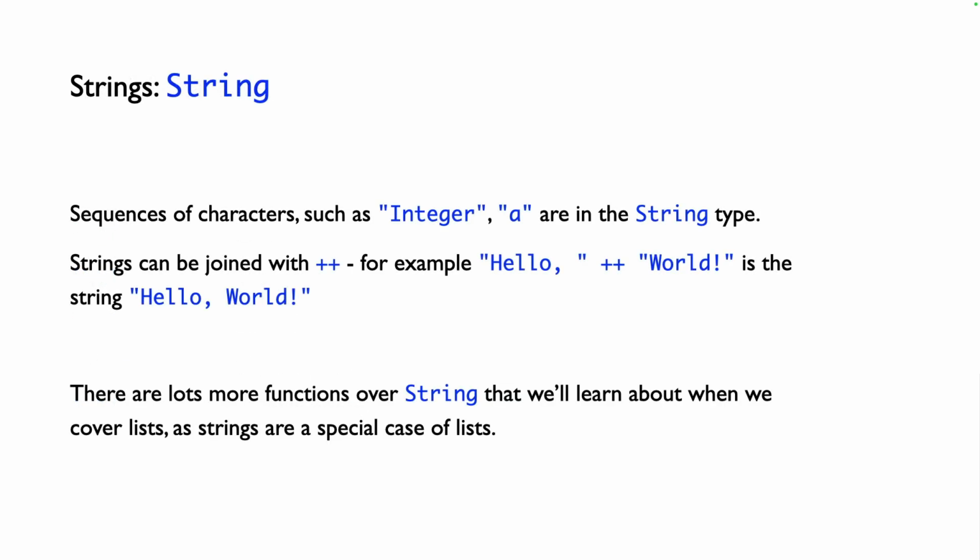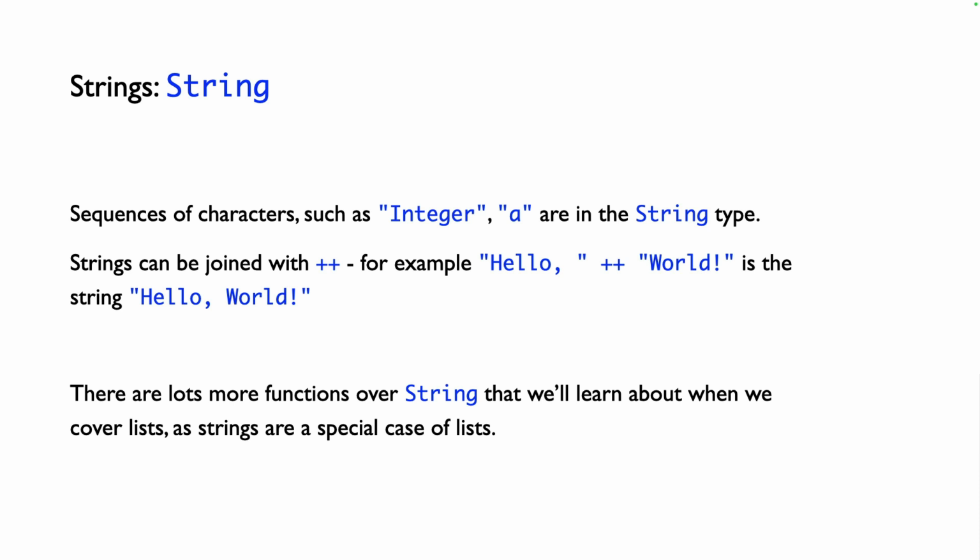Now, I talked about strings. Let's look at how we write them down. As I said, what we do is use double quotes, and between there we put the characters. So integer, or a string with just a in it. And one of the operations we can do on strings is to join two strings together. And to do that, we use the plus plus operation. So if we join the string hello, comma, space to the string world, exclamation mark, we get the string hello world, exclamation mark.